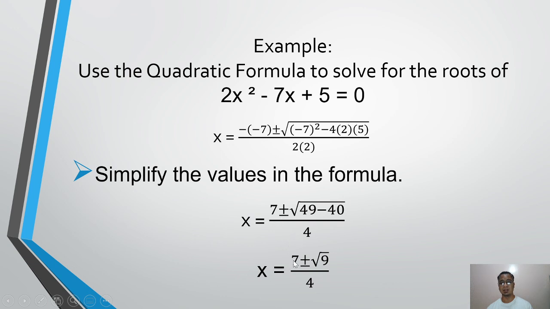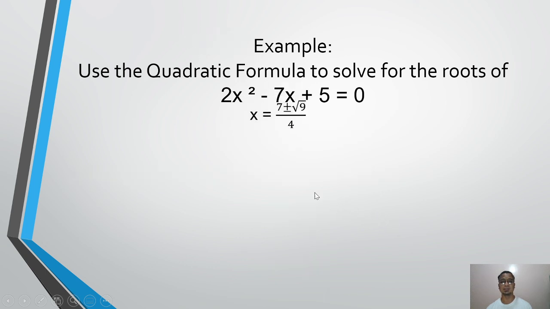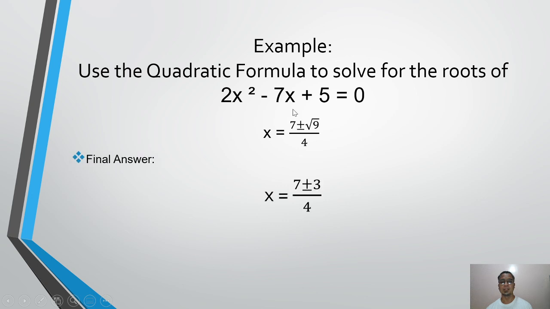So, 7 plus or minus the square root of 9 over 4. Ano nga yung square root of 9 natin? Diba? 3. So, magiging kalalabasan yan nito 7 plus or minus 3 over 4. Kung positive yung ating gagamitin, we have here now 7 plus 3, 10 over 4.